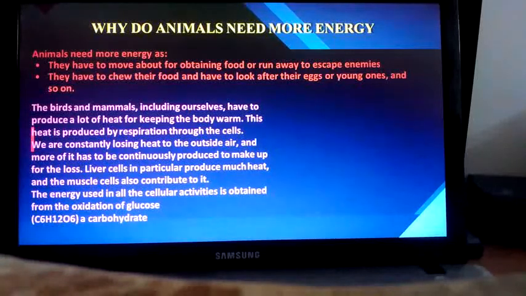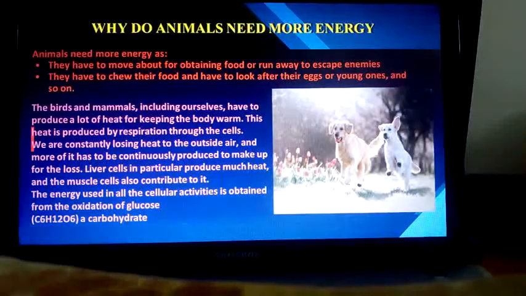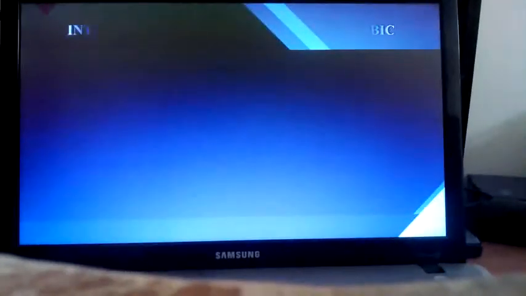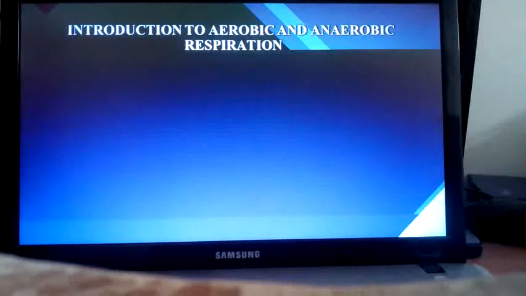Liver cells in particular produce much heat. Muscle cells also contribute to it. The energy used in all cellular activities is obtained from the oxidation of glucose, that is C6H12O6, a carbohydrate. Now, there are two kinds of respiration, namely aerobic respiration and anaerobic respiration. Got it?